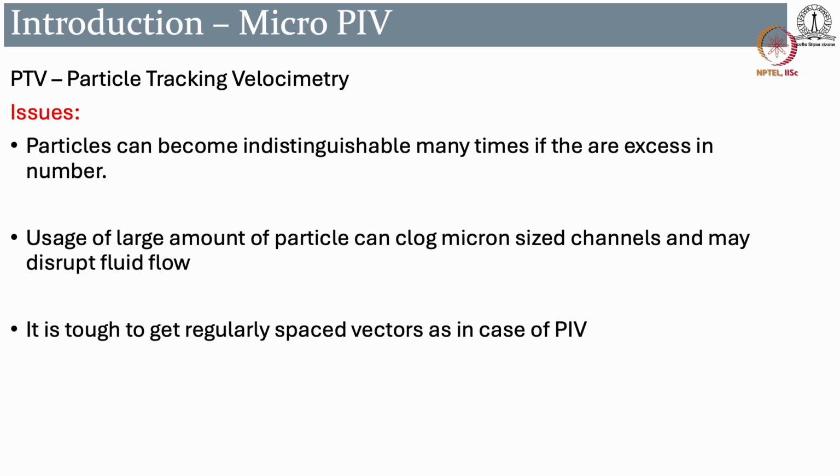So PTV is mostly desirable when you deal with live organisms like bacteria, or at those scales where you are tracking a single cell rather than finding the flow field of a system, like flow inside a microchannel. So this technique is normally used when you are tracking the motion of bacteria or other kinds of organisms.